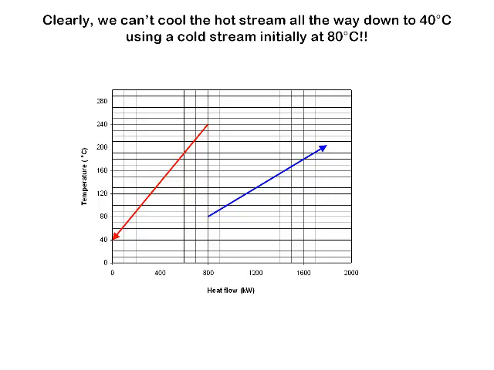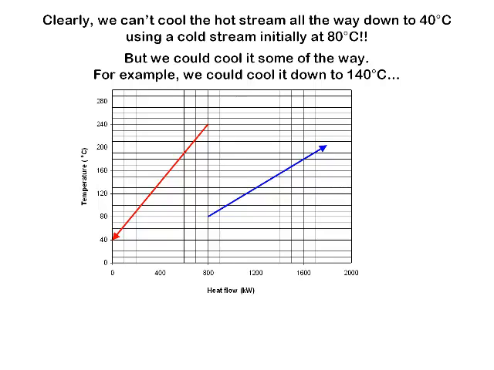Similarly, we can't supply 1,000 kilowatts of heat to the cold stream using a hot stream that only has 800 kilowatts of heat to give. So clearly, we can't supply all of what these two streams need from each other in this way. But we could do some of it. We could cool our hot stream down some of the way.